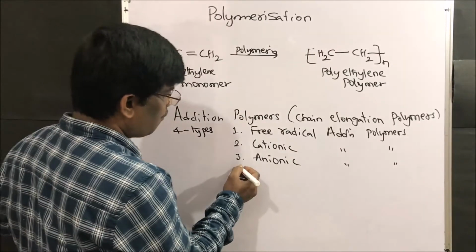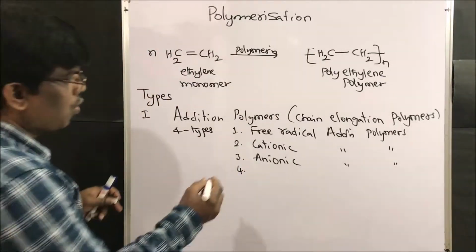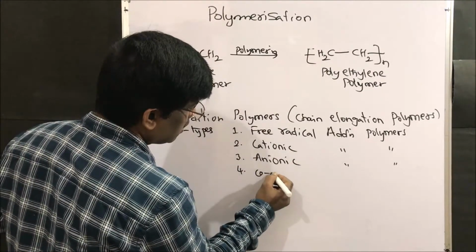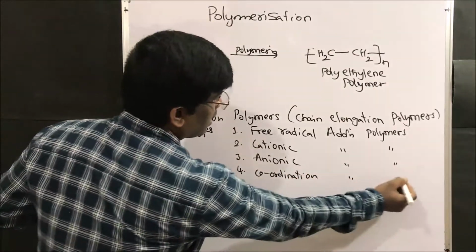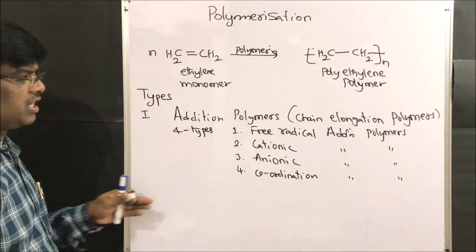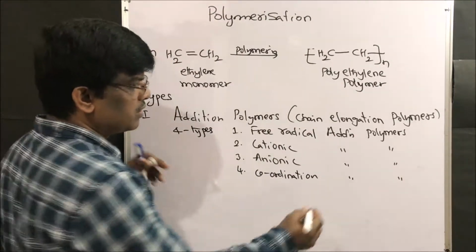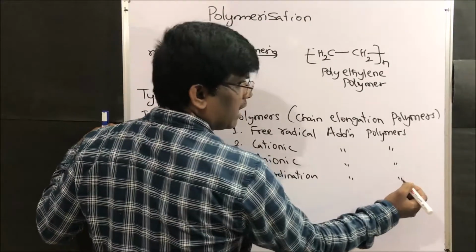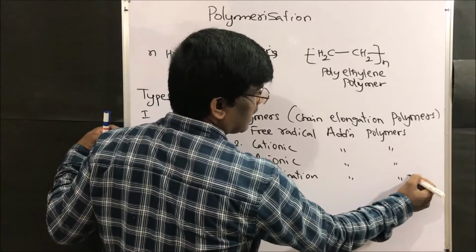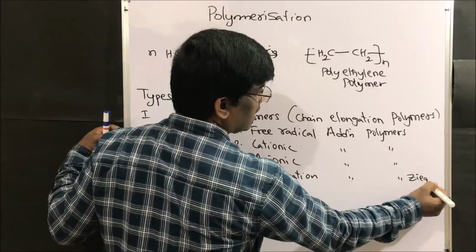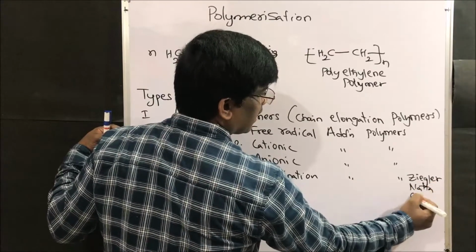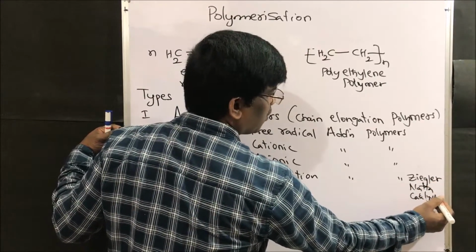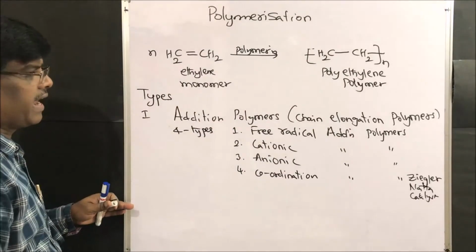Yes friends. Fourth one is coordination addition polymerization. This is very important. So here we are going to learn a reagent, Ziegler-Natta catalyst. This is a very important catalyst, Ziegler-Natta catalyst.